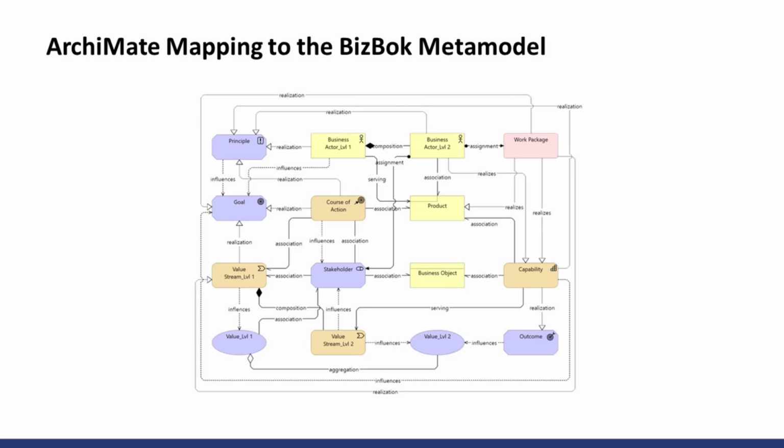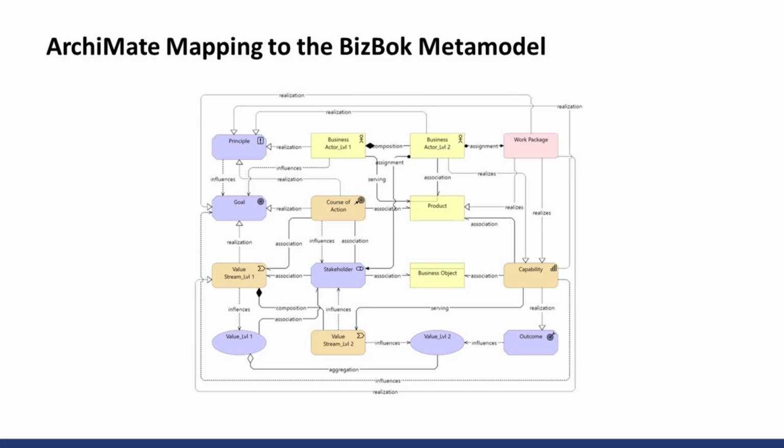Also notice that Business Actor Level 1 corresponds to Organization and Business Actor Level 2 corresponds to Business Unit. So we are seeing a consolidation of concepts back in line with the BizBok core domains. This is creating a hierarchy of the same type of object. This is the same with value stream and value.